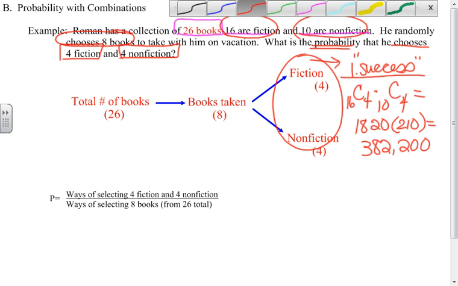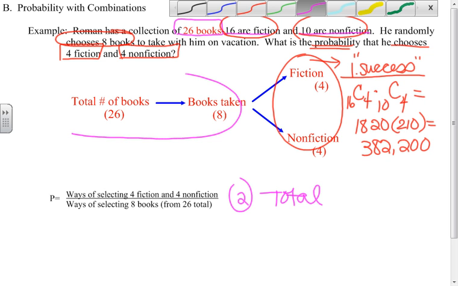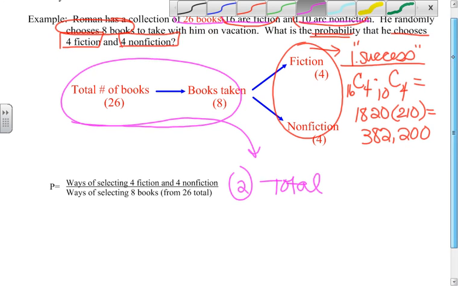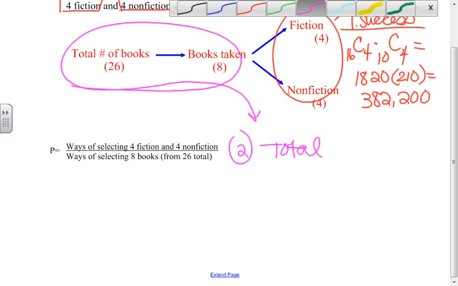Now, how many total choices do we have? Well, our total choices is this, picking 8 books randomly. What are all of the combinations of 8 books, regardless if they are fiction or nonfiction? So our total is 26, randomly choosing 8. Order doesn't matter.